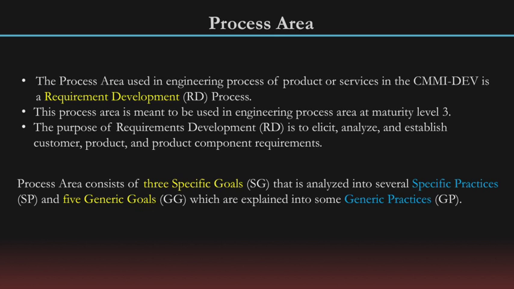We actually have levels from 1 to 5, but the purpose of requirements development is to elicit, analyze, and establish customer, product, and product component requirements. The process area consists of three specific goals, SG, that are analyzed into several specific practices, and five generic goals, which are explained into some generic practices.